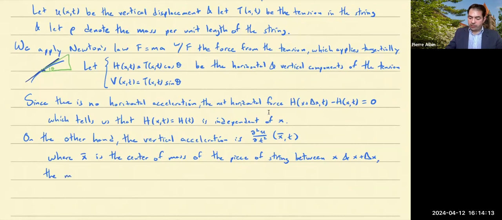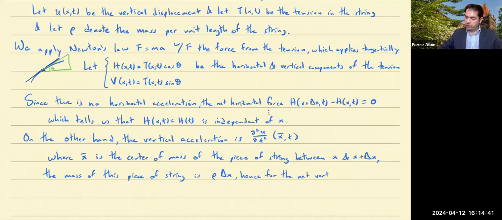Okay, so that's the vertical acceleration. The mass of this piece of string is rho, the mass per unit length, times delta x. Hence, for the net vertical force, we have v of x plus delta x, comma t, minus v of x, comma t.